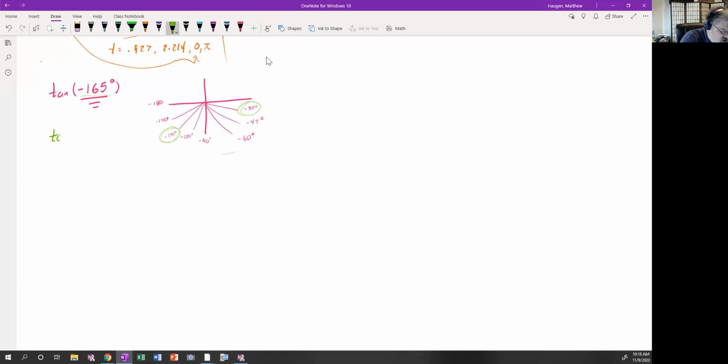So we look at this as the tangent of negative 135 degrees minus 30 degrees. That's the same thing as negative 165 degrees, but it's built out of our standard angles that we know the exact values for. So we'll be able to find an exact value for this tangent ratio.